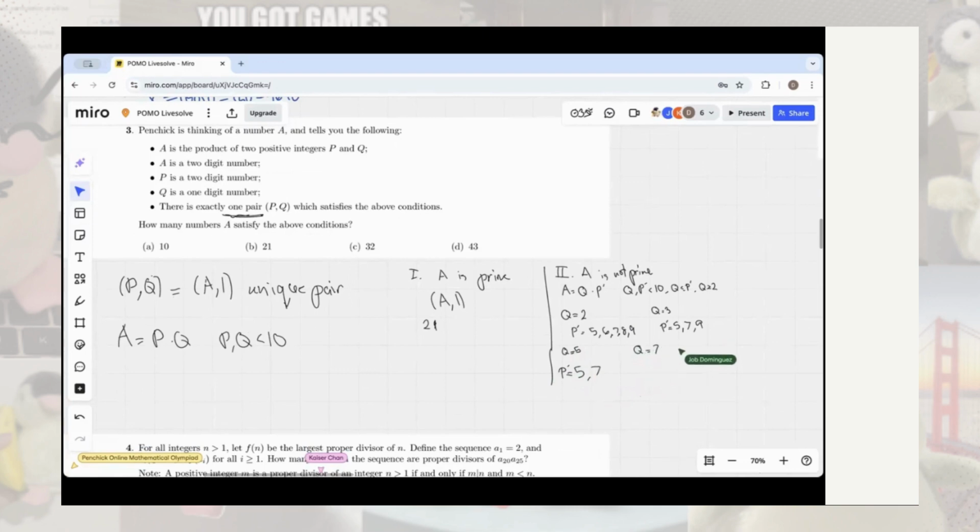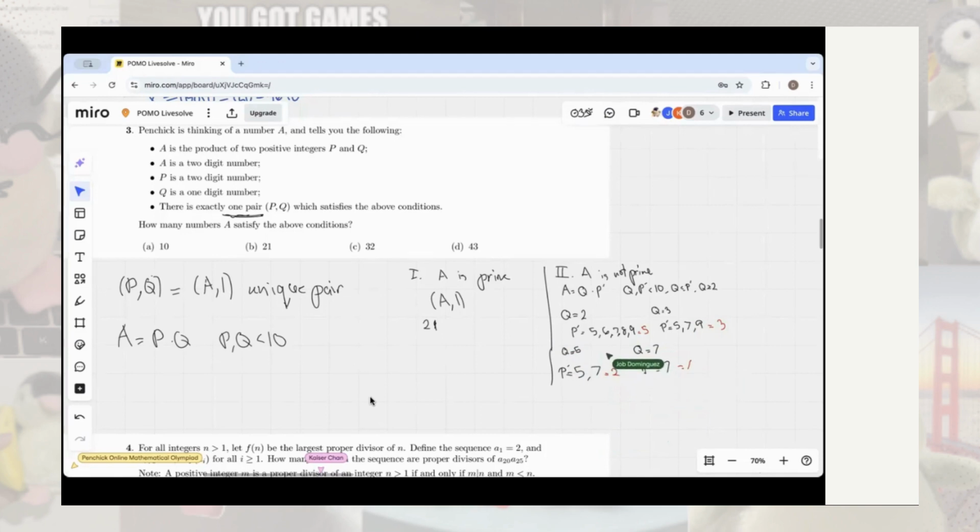We can only see P prime equal to 7 given our conditions. So we can count how many numbers satisfy: we have 5 ways here, 3 ways, 2 ways, and 1 way.